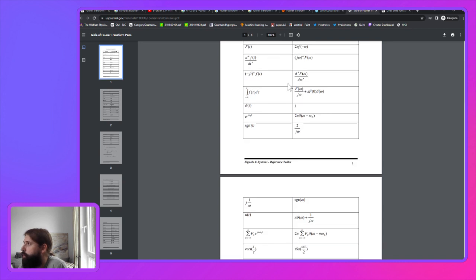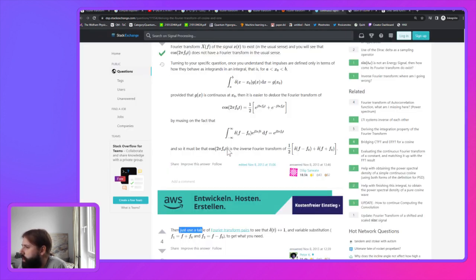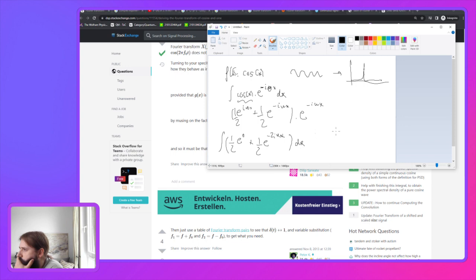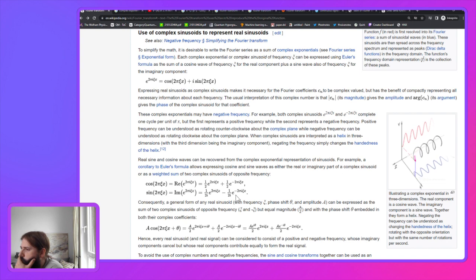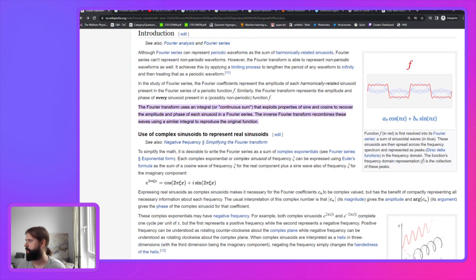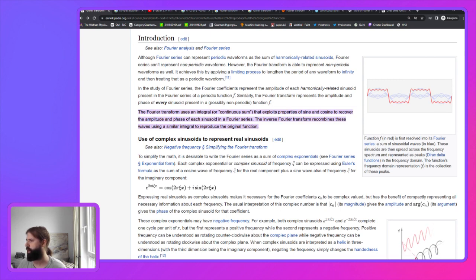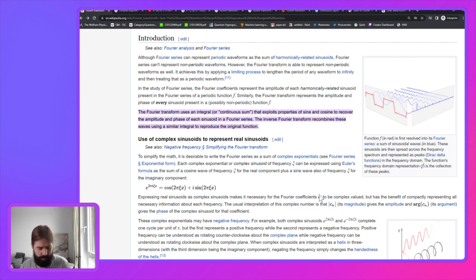I have no idea what that is. But why doesn't the cosine function have this? This is what I don't get.